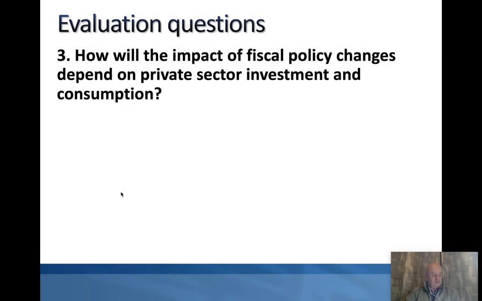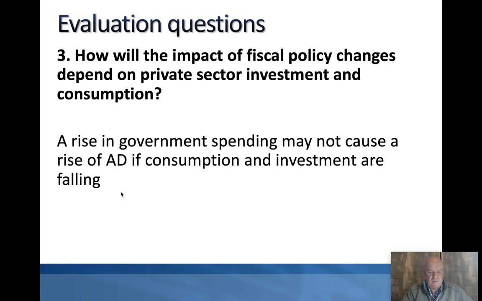If we take a look at the third question then, how will the impact of fiscal policy changes depend on private sector investment and consumption? So if we get a rise in government spending, that may not necessarily cause a rise in aggregate demand, particularly if consumption and investment are falling. That's going to have to do with confidence, consumer confidence and also business confidence.